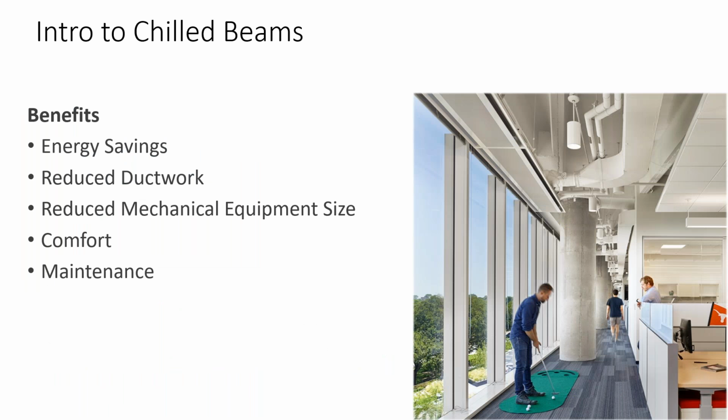So in terms of the benefits, we talked about a number of them. The last one, I just wanted to point out here, is maintenance. Again, there's nothing really complex, as Dean mentioned, with these components. There are no fans or complicated controls needed for these products.